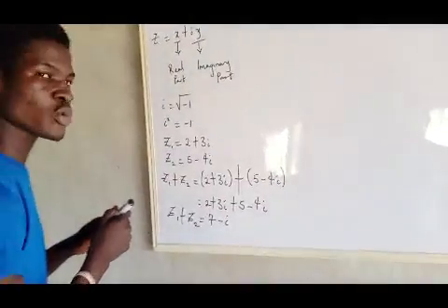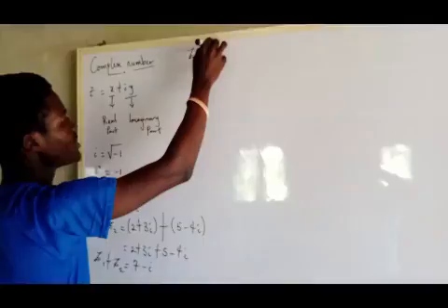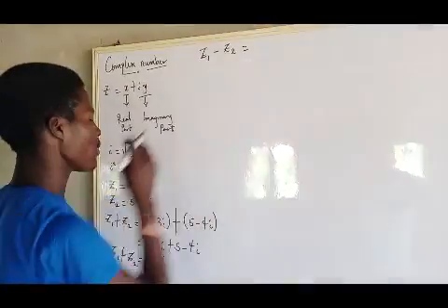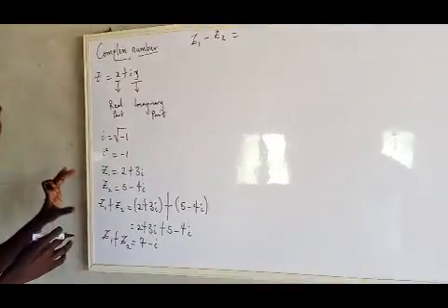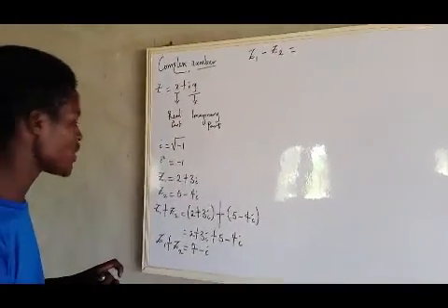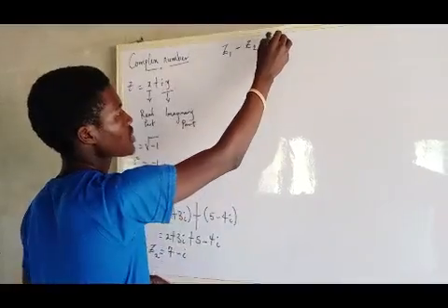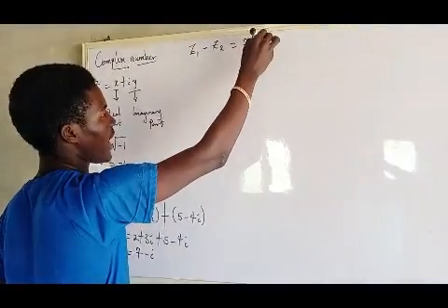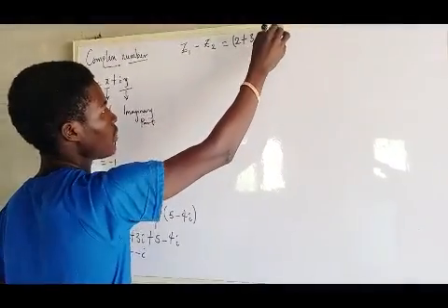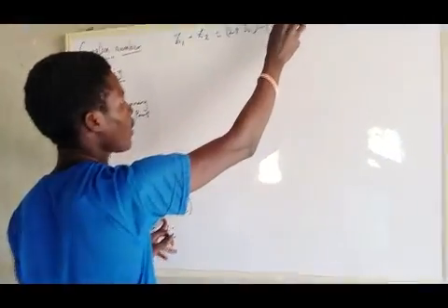So this next one, our z1 minus z2 now. I'm sure we understand the addition part, so it is the same thing, but instead of plus now, it's going to be minus. So that will be 2 plus 3i, which is our z1, minus our z2, which is 5 minus 4i.